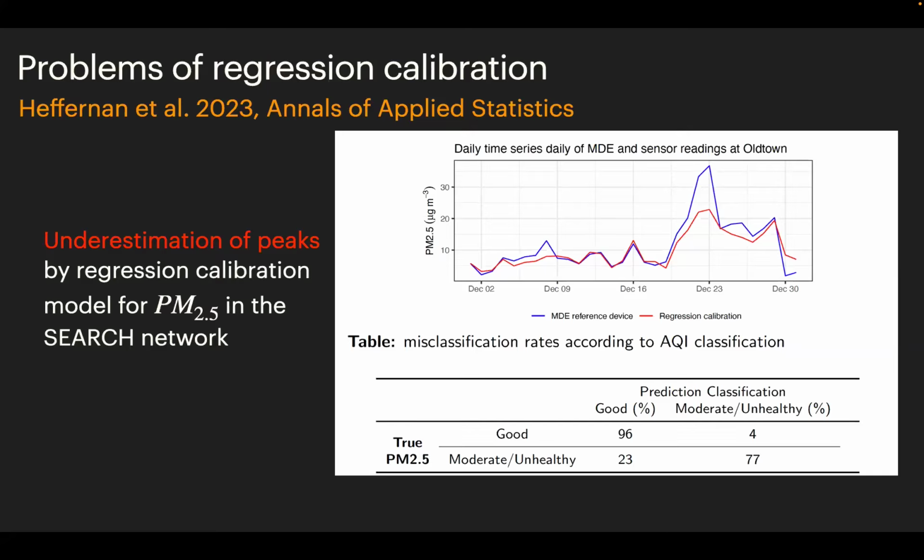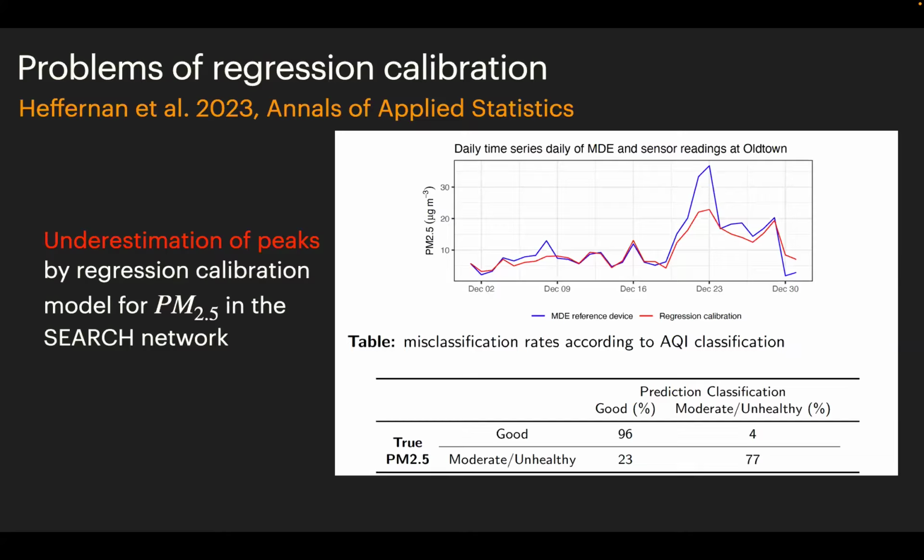We don't get that many days with air quality spikes. But whenever we got one, and this example is from December 23rd, 2019, the air quality went up to around 40 micrograms per meter cubed. Our model also predicted the spike, but not as sharply as it should have. At that point, we didn't pay too much attention to it because it was just one off day.